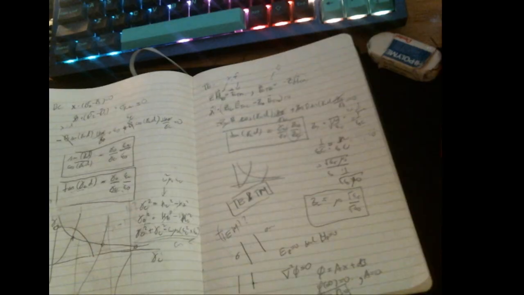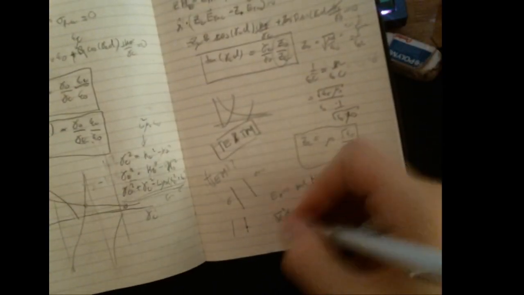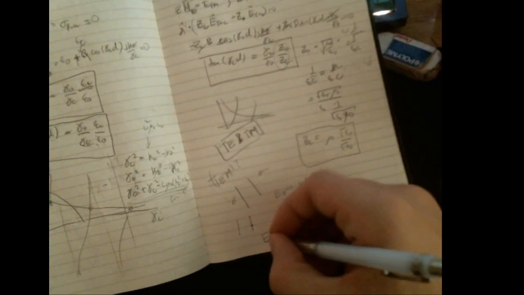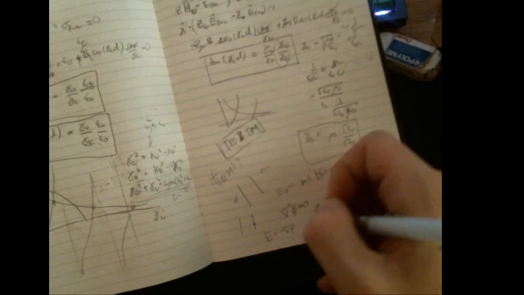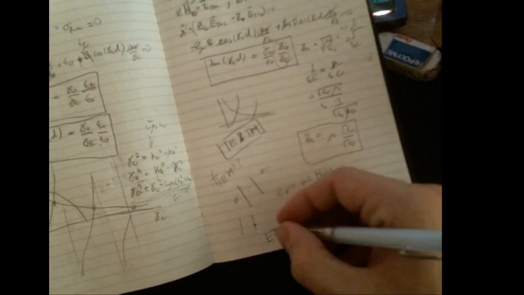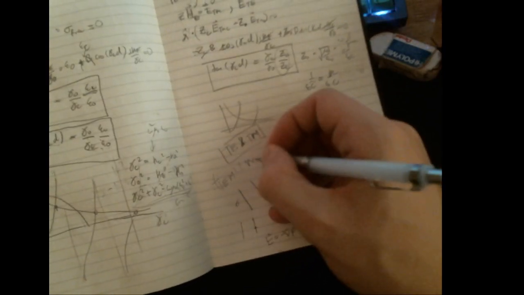If the potential is a constant, the best field that we can get is going to be the gradient of a constant, which is equal to 0. So no TEM modes. So yeah, anyway, that's kind of the vibe.